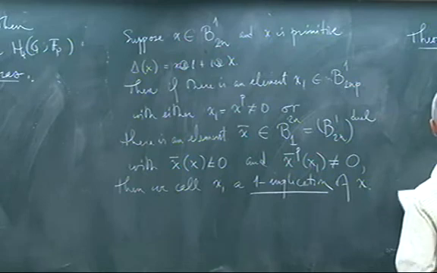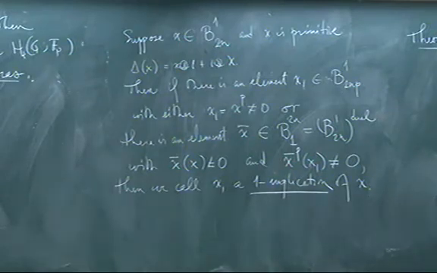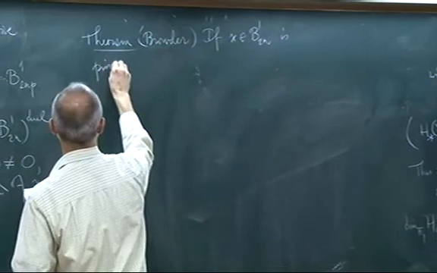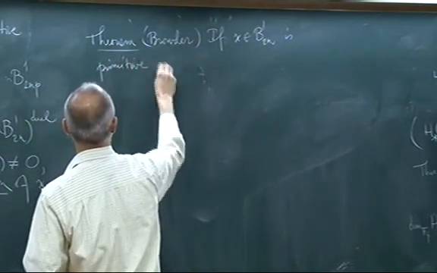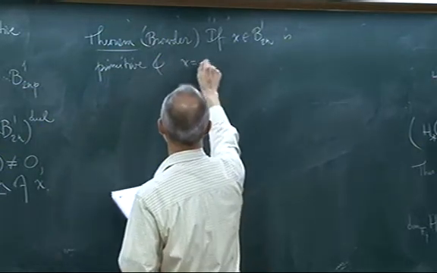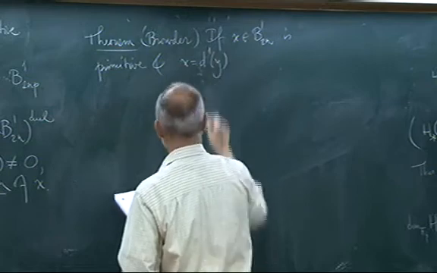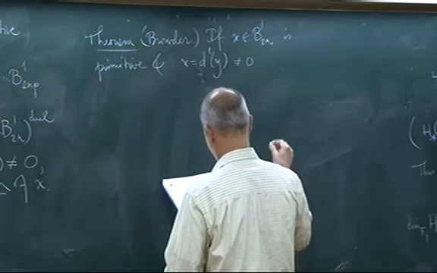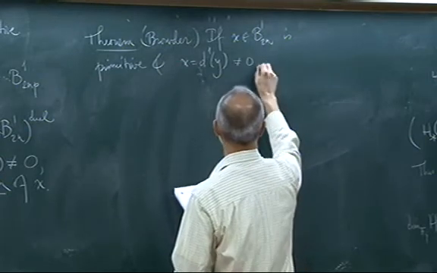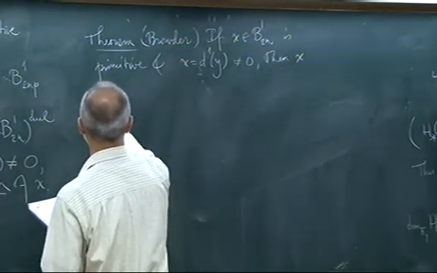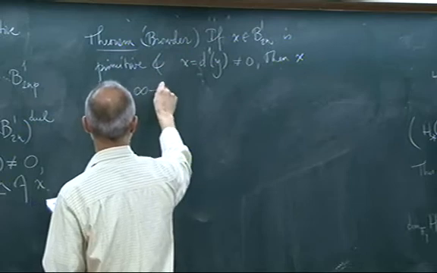So here's a theorem which is due to Browder. Which I think is an amazing theorem. If X in B2n is primitive, and X is equal to D1 of Y, it's all not zero, then X has infinite implications.